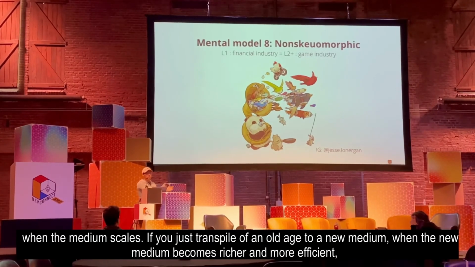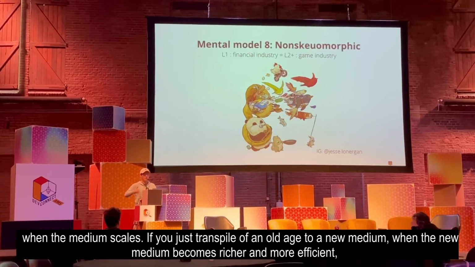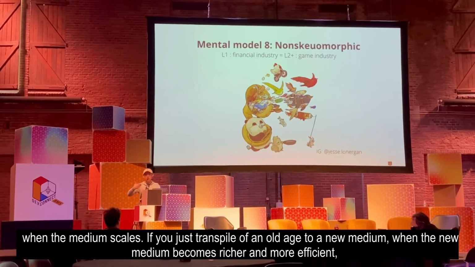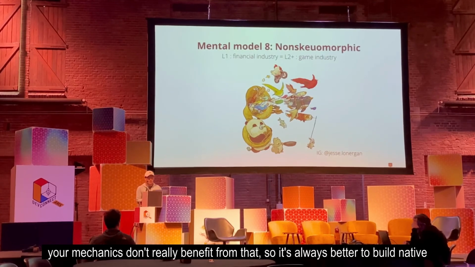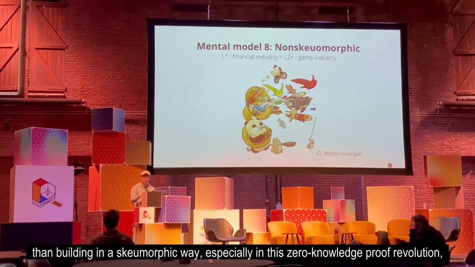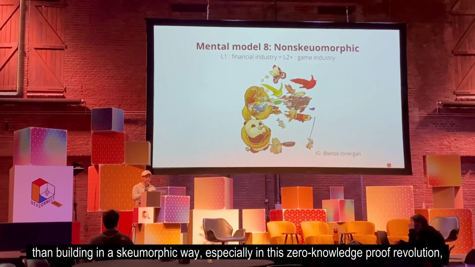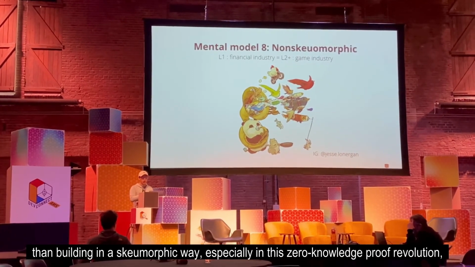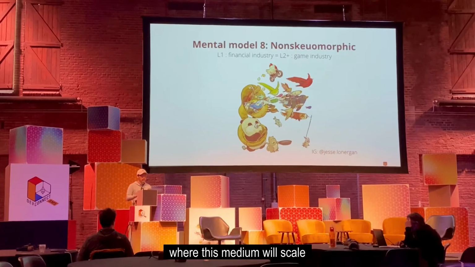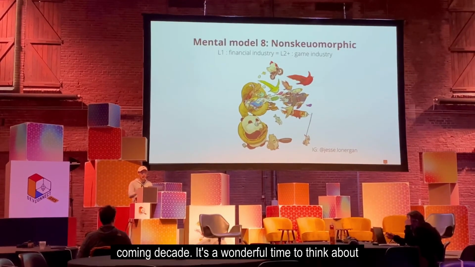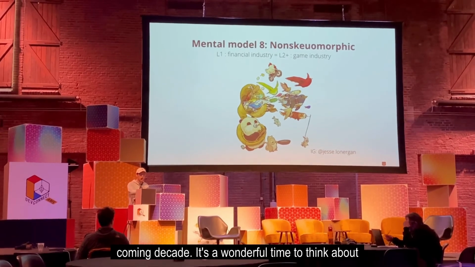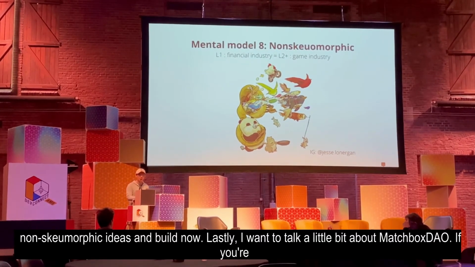If you're just transpiling something of an old age to a new medium, then when the new medium becomes richer and more efficient, your mechanics don't really benefit from that. So it's always better to build native than building in a skeuomorphic way. Especially in this zero-knowledge proof revolution, where this medium will scale 1,000,000x or even way more than that in the coming decade, it's a wonderful time to think about non-skeuomorphic ideas and build now.